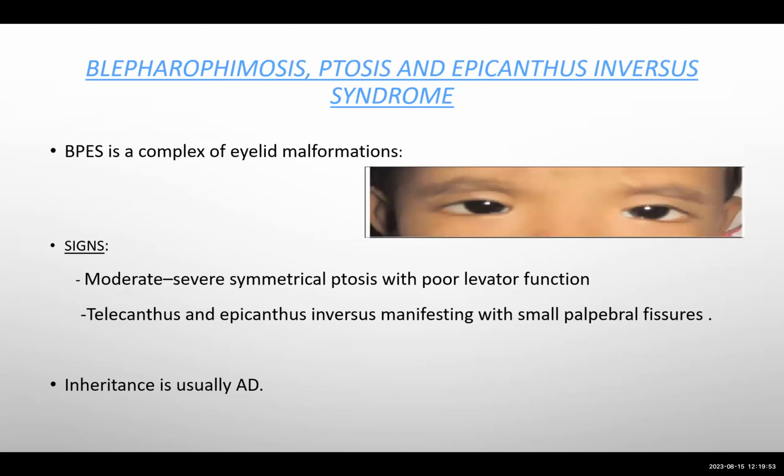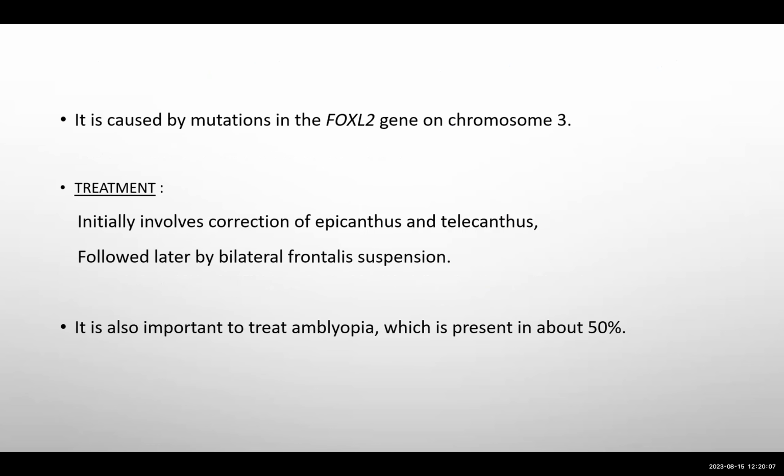It is a complex of eyelid malformations with moderate to severe symmetrical ptosis with poor levator function, telecanthus, and epicanthus inversus, manifesting with small palpebral fissures. It is inherited as an autosomal dominant disease, caused by a mutation in the FOXL2 gene on chromosome number 3. The treatment initially involves correction of the epicanthus and telecanthus, followed by bilateral frontalis suspension. It is important to treat amblyopia, which is present in about 50% of cases.